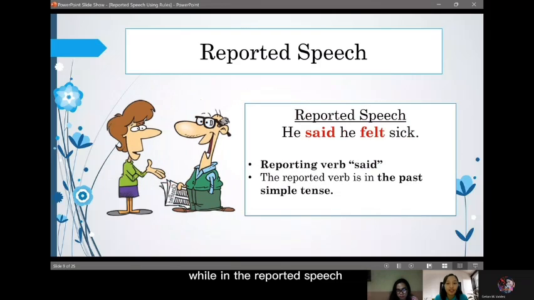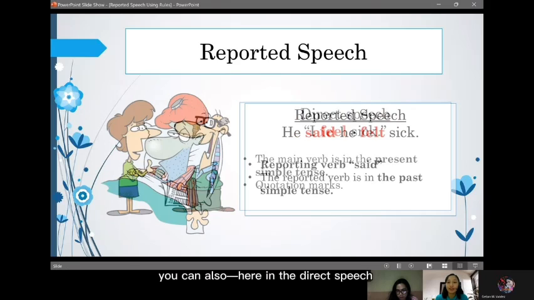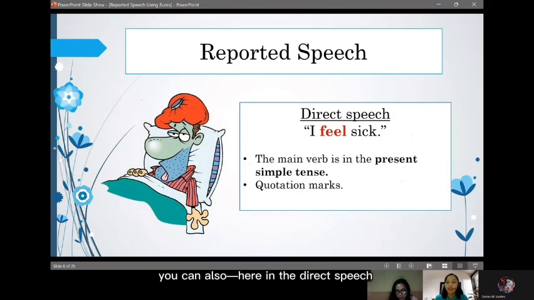While in the reported speech, you should always add the reporting verb said. And the reported verb is in the past tense. Also, in the direct speech, you can also use third person pronouns.